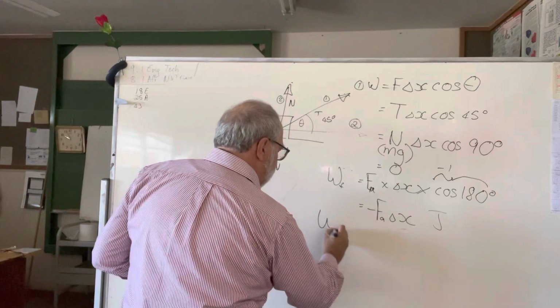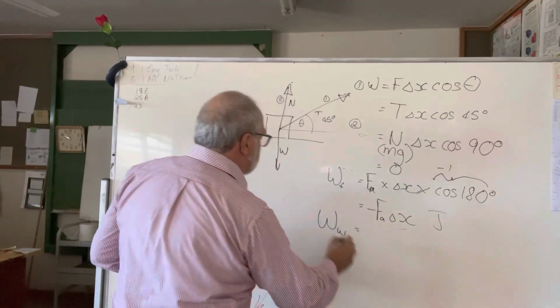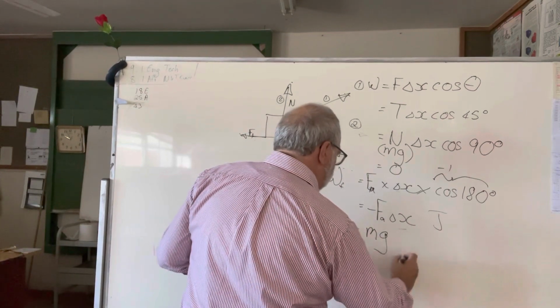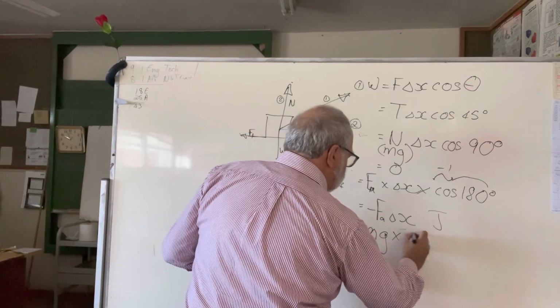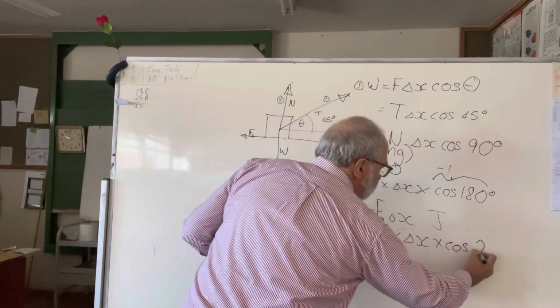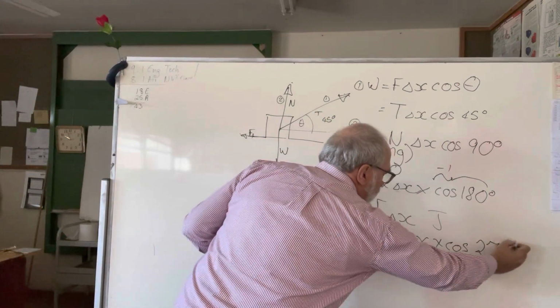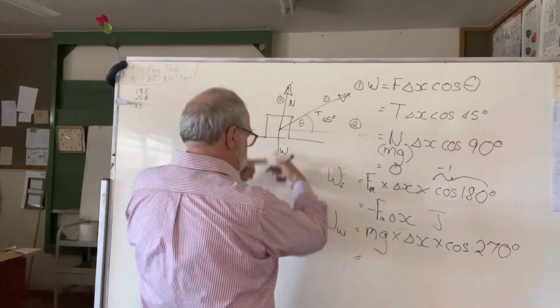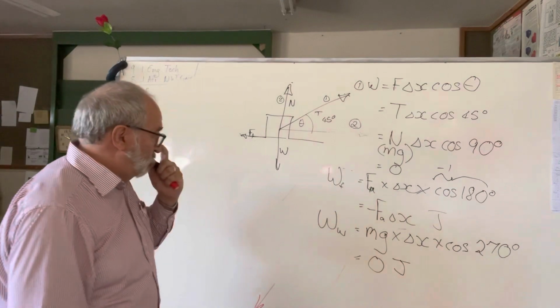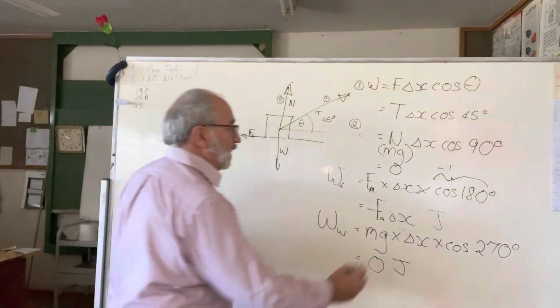Die work done because of the weight equals mg, dis die gewig, maal delta x, mg times delta x times cos 270 degrees, which is 0 joule. Just to put the fine point in it like that. Joule.